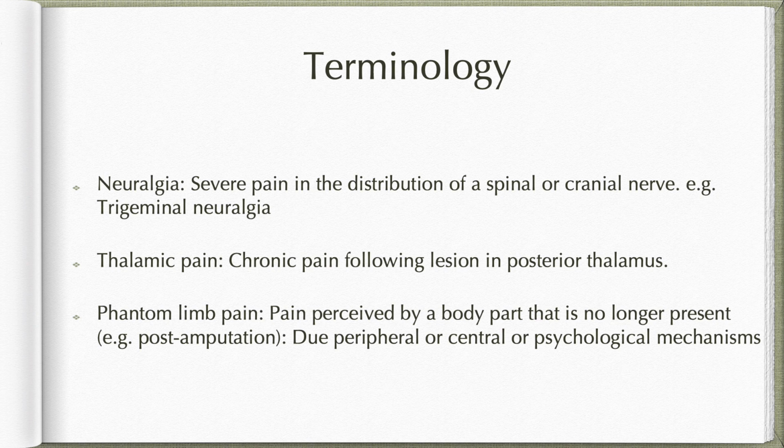That is, those neurons which are located in the sensory homunculus of the postcentral gyrus, which were initially receiving the information from the amputated part, now they will reorganize to take care of some surrounding structure. So whenever the surrounding structure is stroked, that will be perceived as pain coming from the amputated part. Or simply the phantom limb pain can be because of psychological mechanisms.